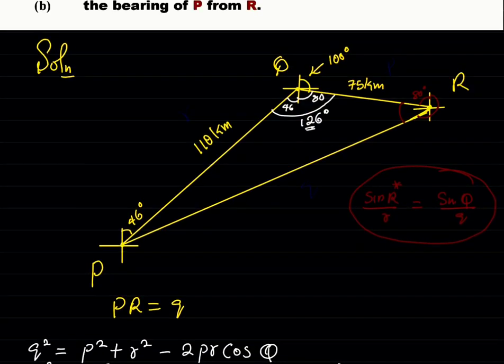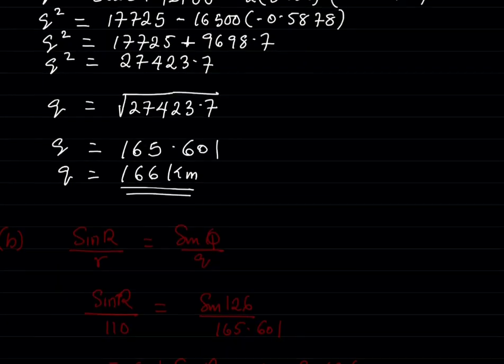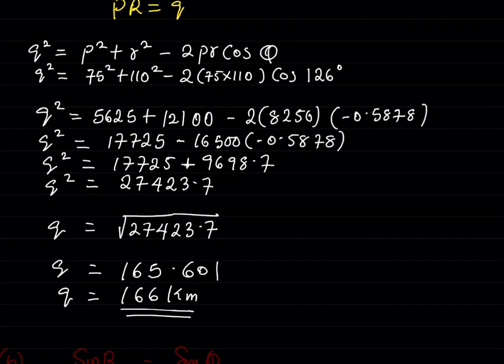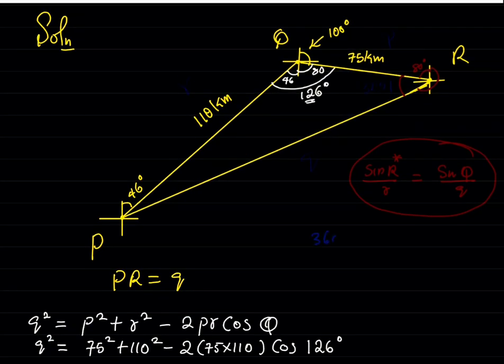Now this is not the final thing. All we've been able to do now is to just get this, which is 32.51. So all we need to actually find our bearing now, that is the bearing of P from R. Okay, bearing of P from R will be, if you check the diagram very well, this 360 minus 32.51 plus 80.